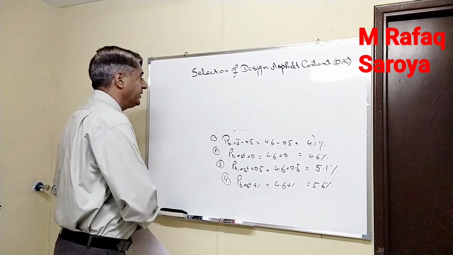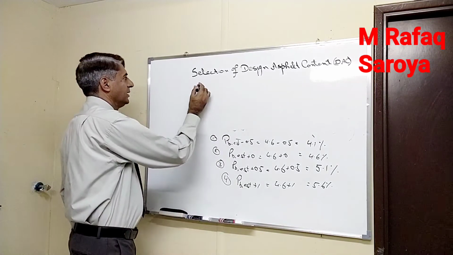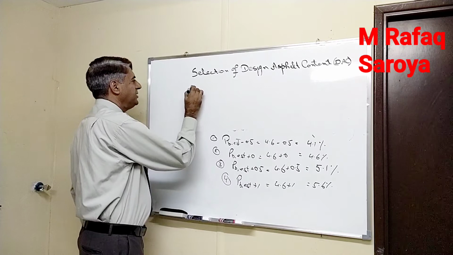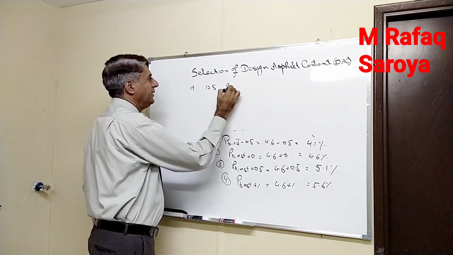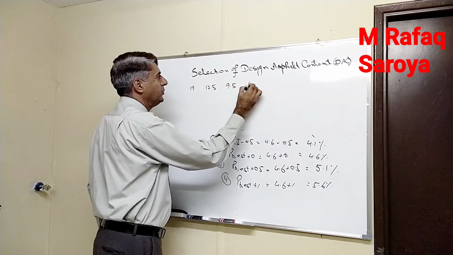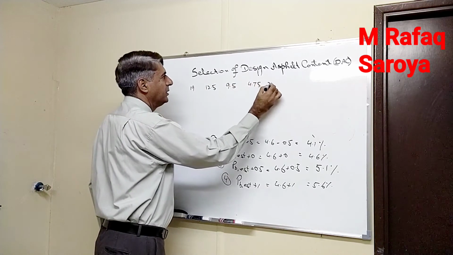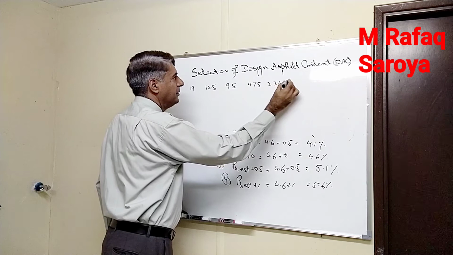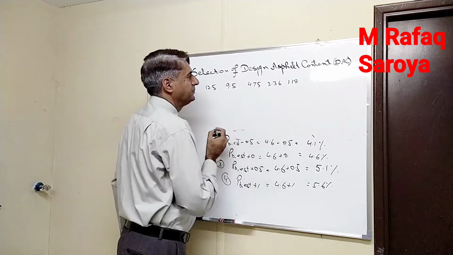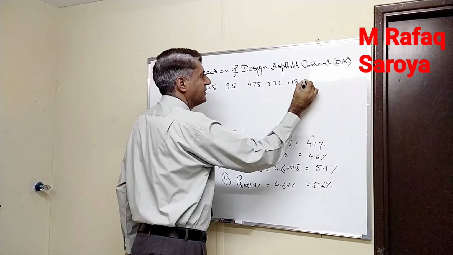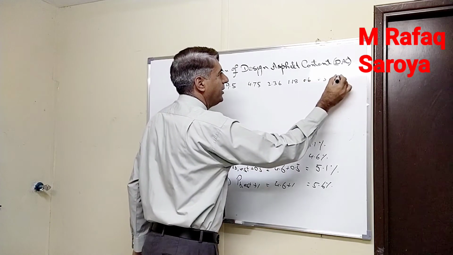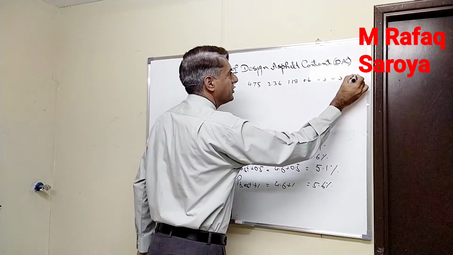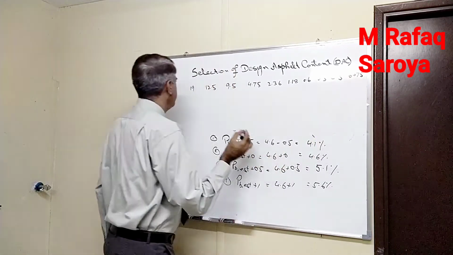You know, in the Superpave mix design, we have the sieves 19, 12.5, 9.5, 4.75, 2.36, 1.18, 0.6, 0.3, 0.15 and 0.075.